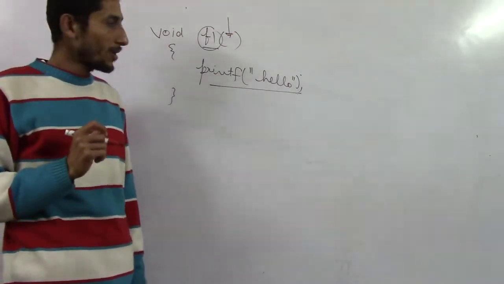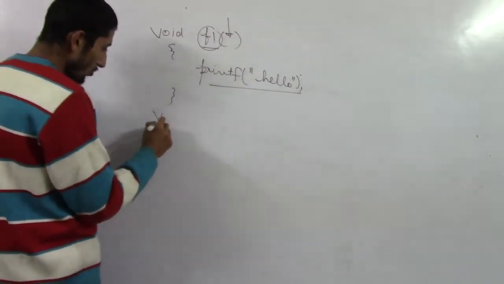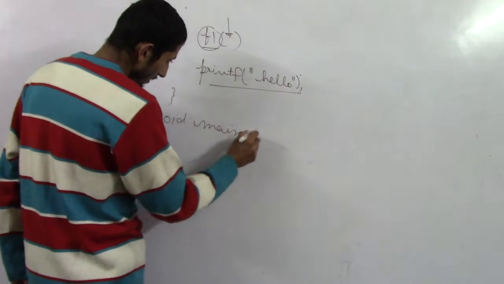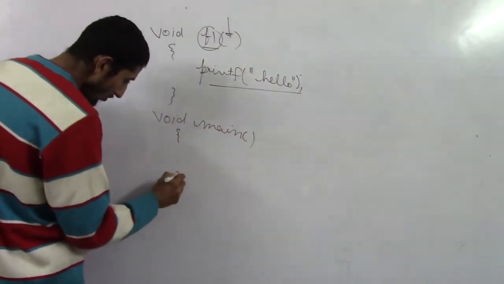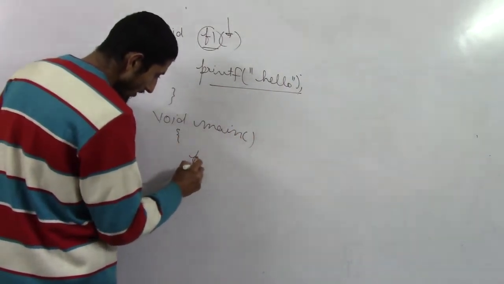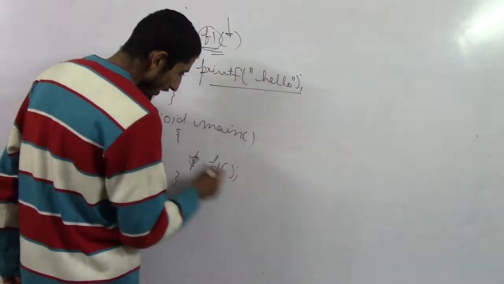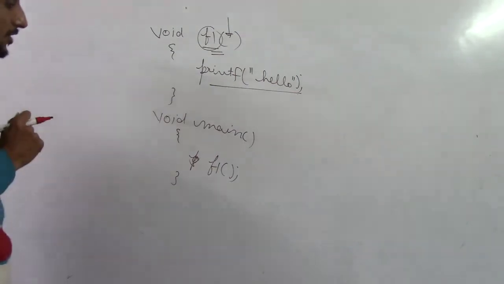Quite simple. In order to call a function, you just need to write the name of the function, that is F1, and then a semicolon.